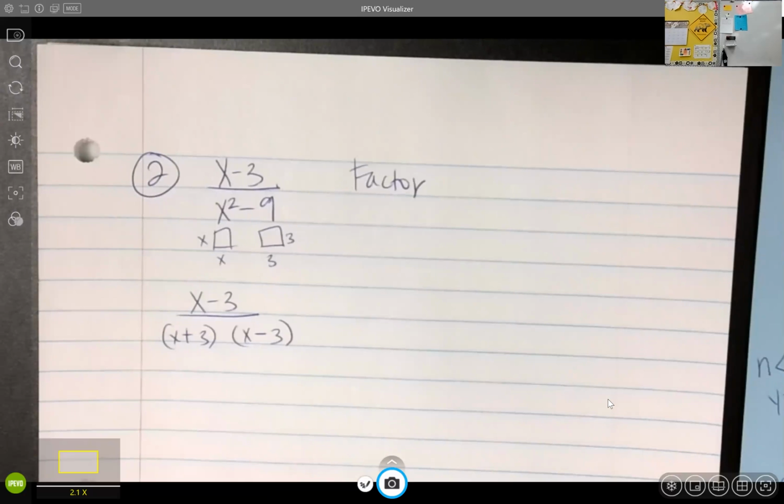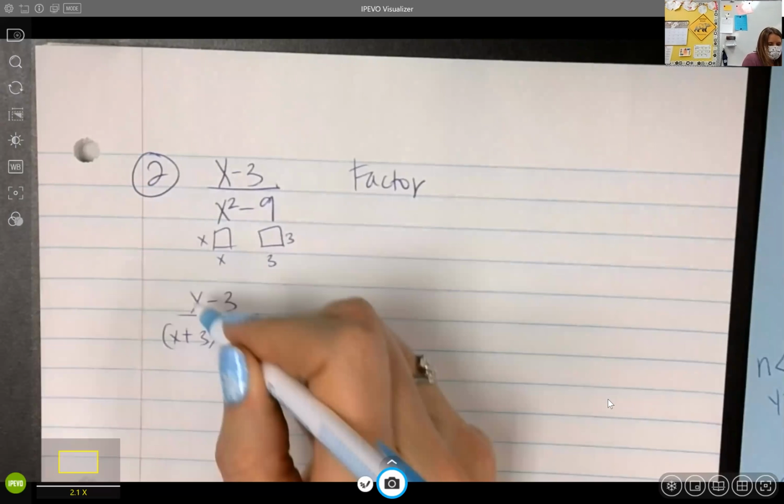So once we stack through this, do any of these cross off? Which one will cross off? The x minus 3 will cross off. Good. What does it leave in its place? What's on top? A 1. Okay, so the x minus 3 will cross off.